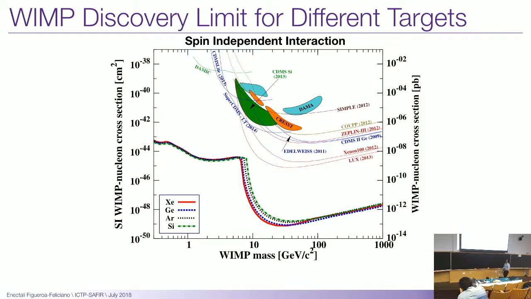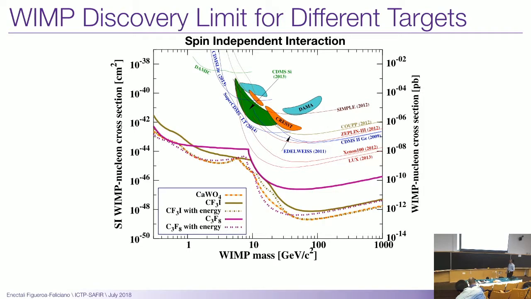For targets like bubble chambers, and targets that have multiple elements, then you get more structure in that neutrino floor, because different atoms in your target react differently to the neutrinos. And you also have to take into account whether you are an energy resolving or non-energy resolving experiment.